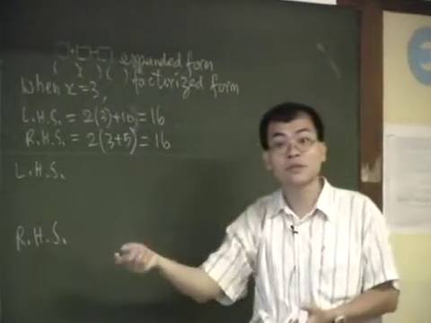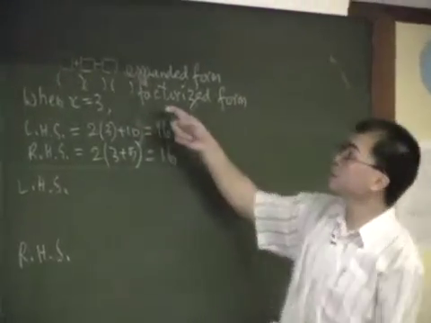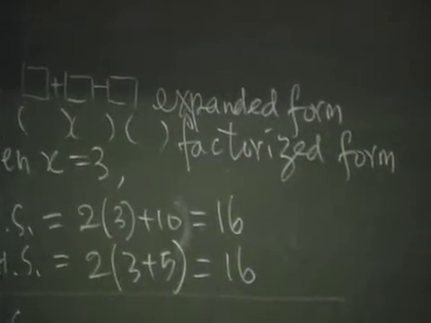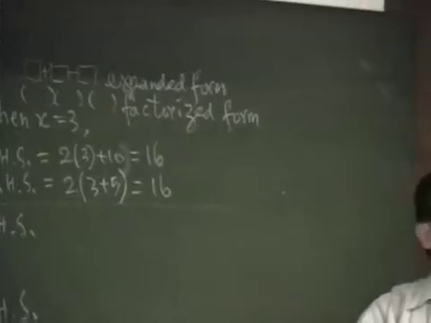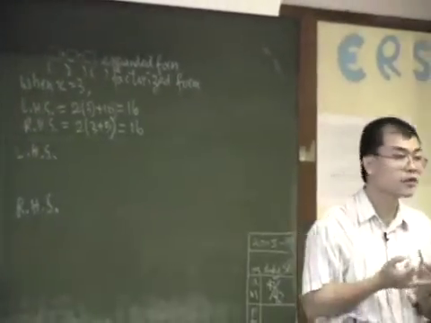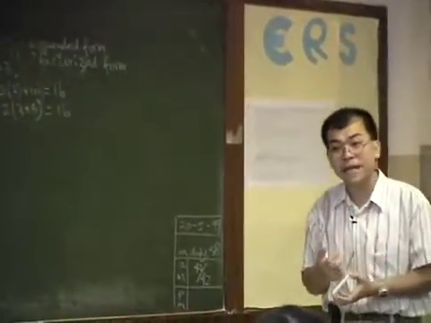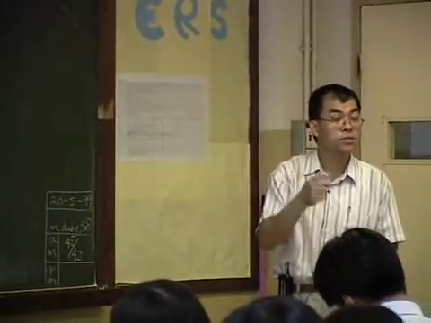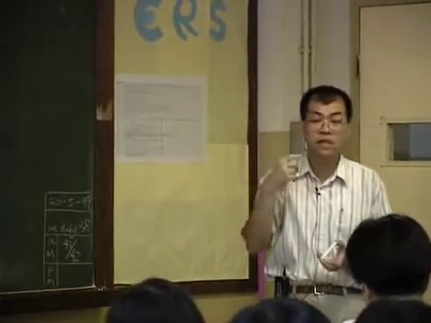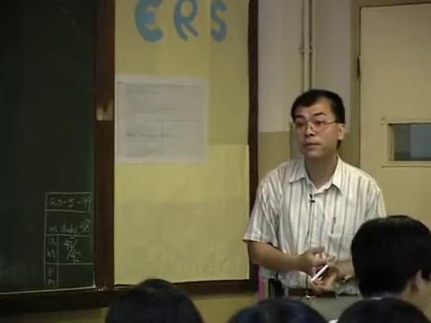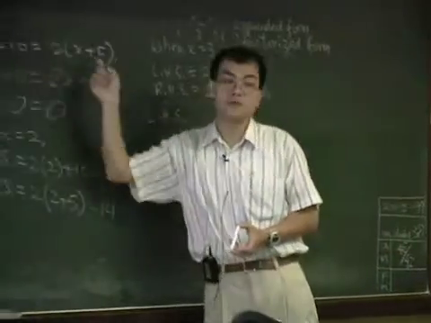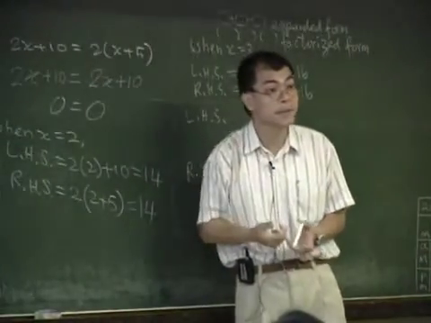Just multiplication. Okay? But if you want to find the factorized form, you need to find common factors or maybe groupings, etc. Okay? Therefore, usually, expanded form will be more common, more usual. Just use multiplication, expand it one by one. Okay? We'll try to change both sides to be expanded form and compare.